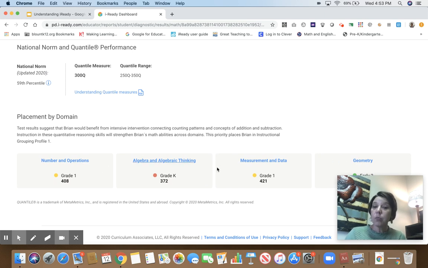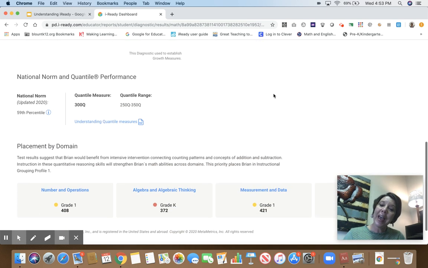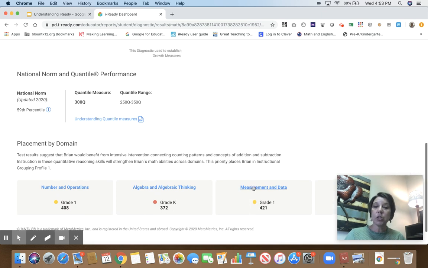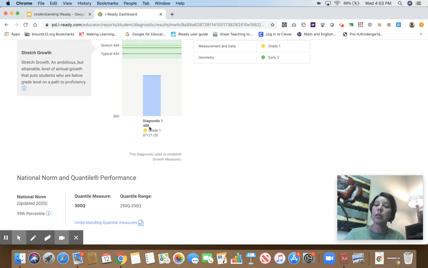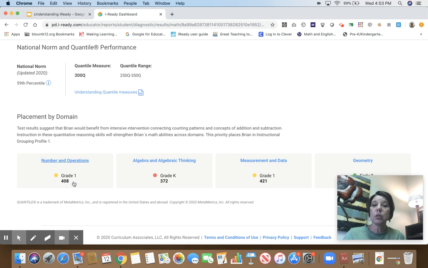Okay, so if you look down at the bottom of your paper, you will see those four domains. You will see the color dots that match exactly what's up here at the top. But now down here has been added a number, just like the number we saw up here, the scale score. And as I said earlier, what we want our kids to understand is that we want these numbers, these scale scores, to get bigger.